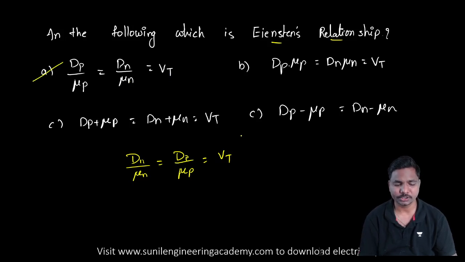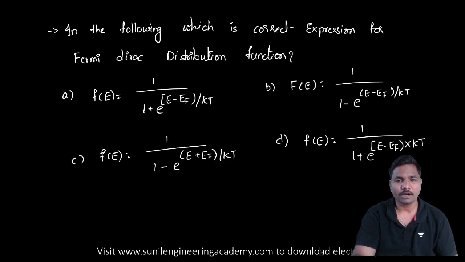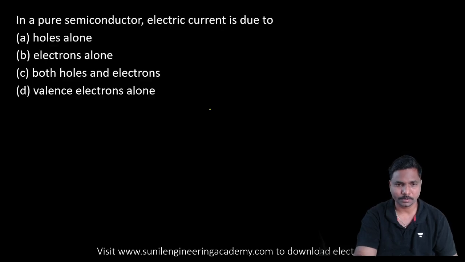So the answer is option A. This is the Einstein relationship for the diffusion constant with ratio of mobility. In the following, which is the correct expression for Fermi Dirac distribution function? F of E is equal to 1 by 1 plus e to the power E minus EF by KT. That is option A. So answer is option A.